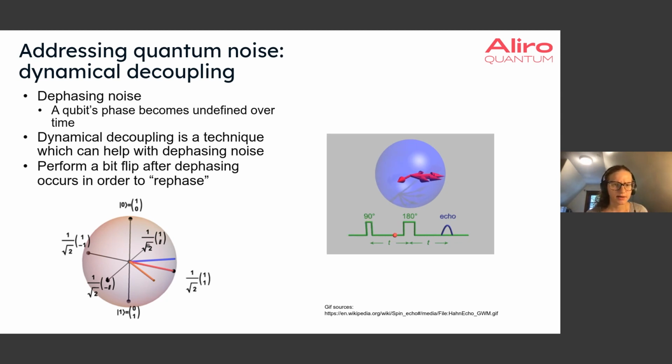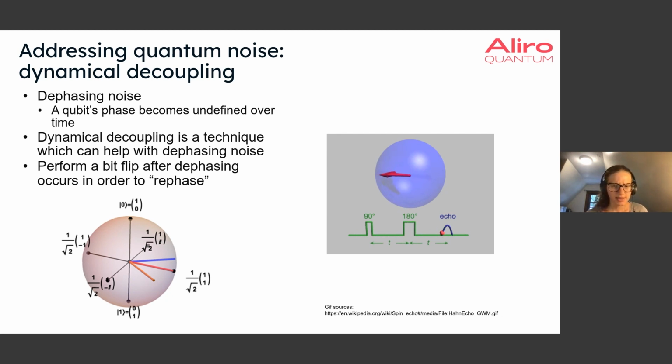In particular, we'll be talking about dephasing noise and dynamical decoupling. Again, dephasing noise was this type of noise where the qubit's phase becomes undefined over time. Dynamical decoupling is a technique which can help with dephasing noise and help undo the effects of it.